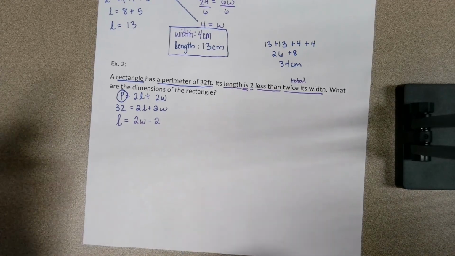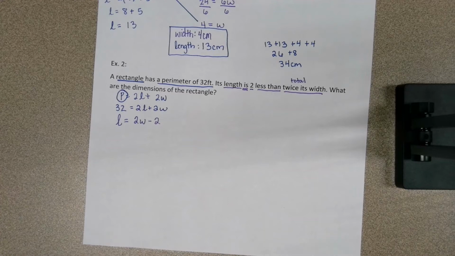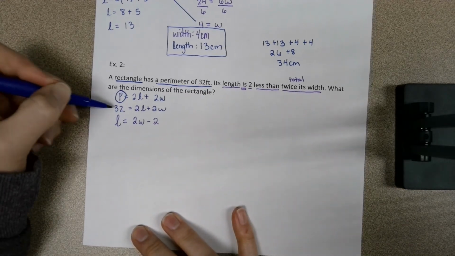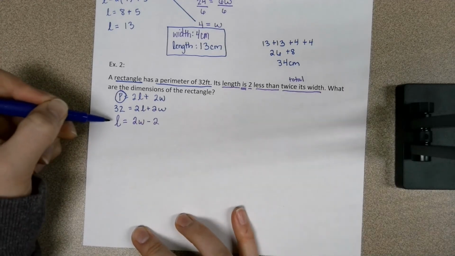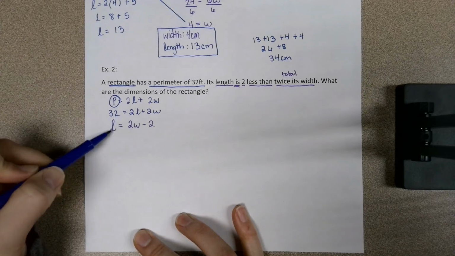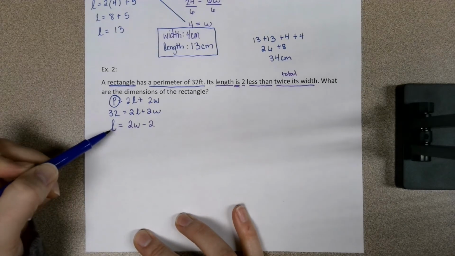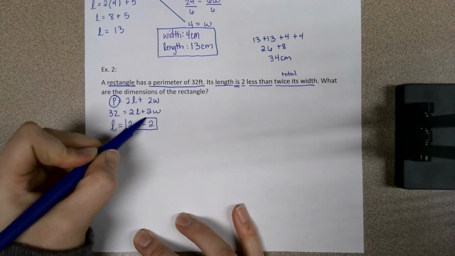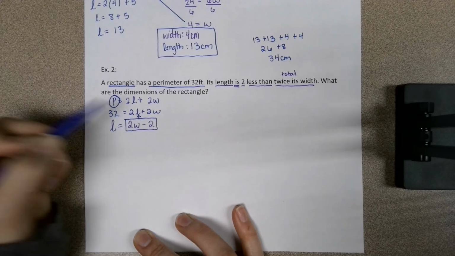So again, we have two equations, one talking about the perimeter and the other comparing the two dimensions of our rectangle. Our L, our length, is isolated, so when we have a variable isolated, we can use substitution, and we're going to substitute everything that the length is equal to in for length in our equation.